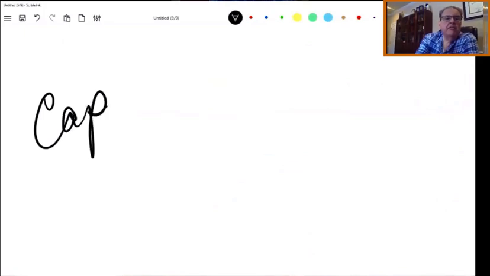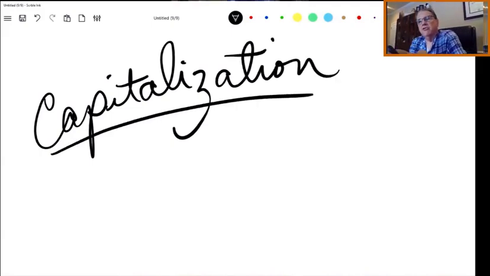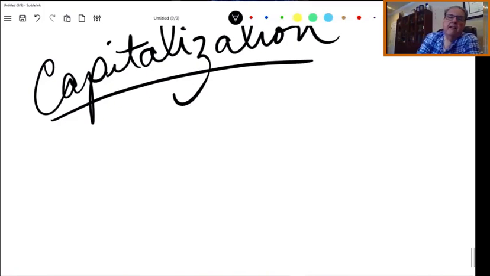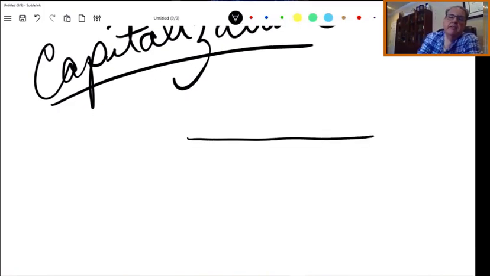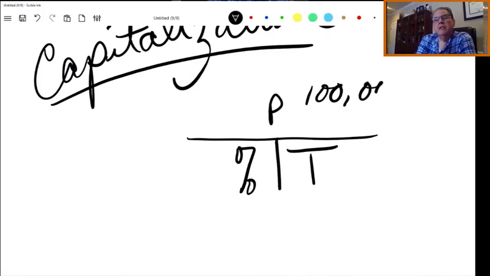So now, one quick extra little pointer: capitalization rates. Let's talk about capitalization just for 1 minute. There will be another video where we talk about income capitalization much more extensively. But a little teaser: using part, percent, and total, if the net income is 100,000 and the capitalization rate is 10%, what is the value?